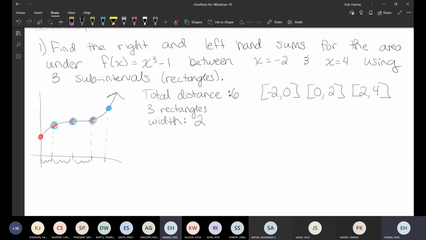We're going to need the y values at some of these points, right? Because we need to use them for the heights of the rectangles.